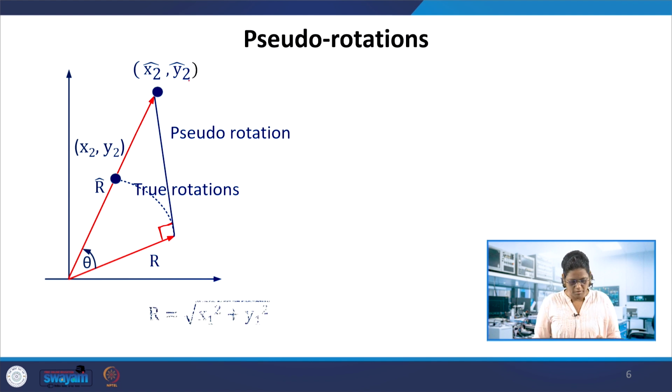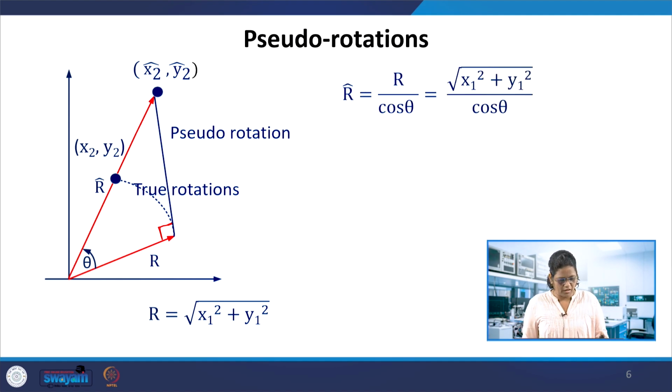The magnitude r is known, the square root of x1 squared plus y1 squared, and r cap is r by cos theta, so theta is involved in this. This changes the length of the vector r cap, governed by 1 by cos theta times the square root of x1 squared plus y1 squared. This diagram shows how the pseudo rotation looks compared with the true rotation.